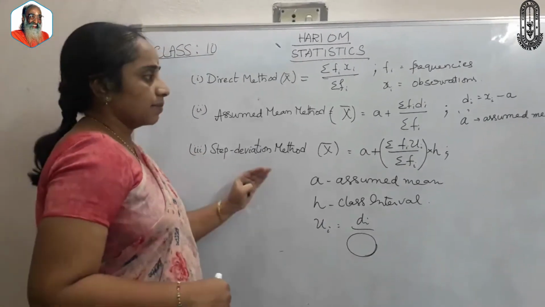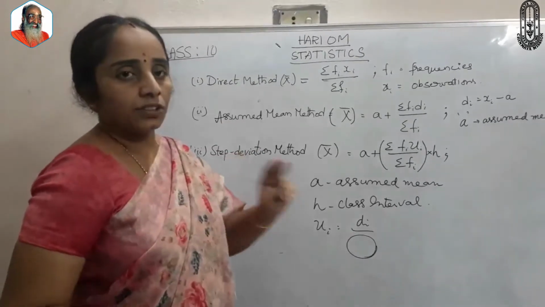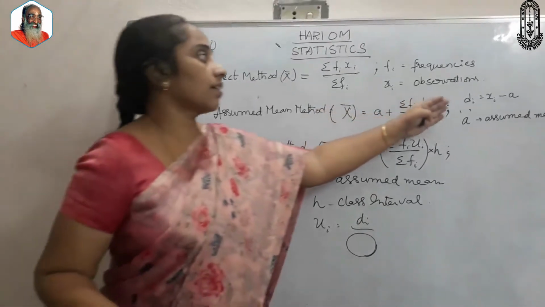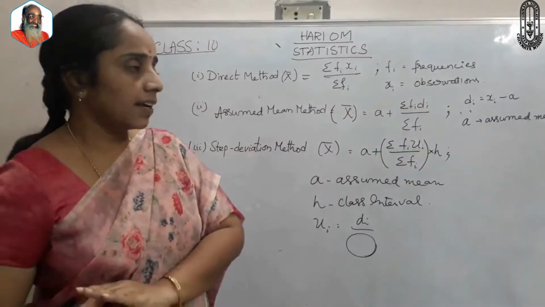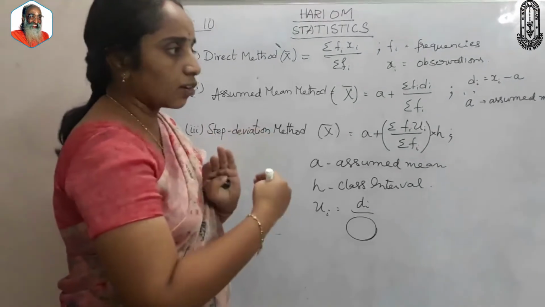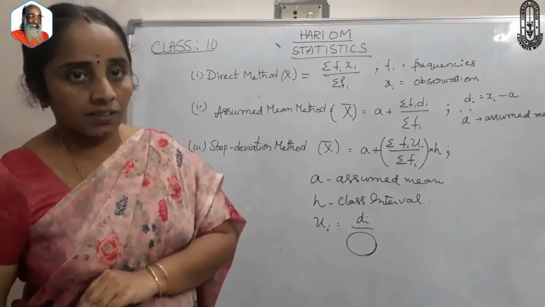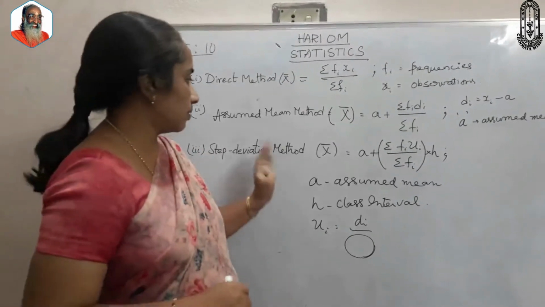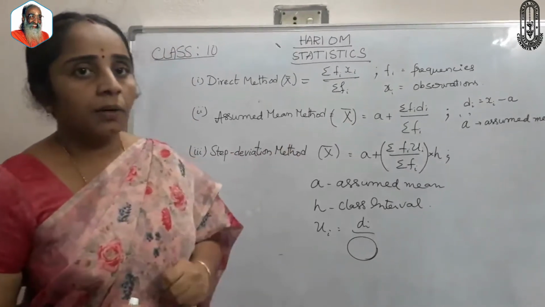So this method is useful in two cases: wherever the di values are numerically larger, and the second case is when the length of the class interval is not the same throughout the table. In that case also we can use the step deviation method.